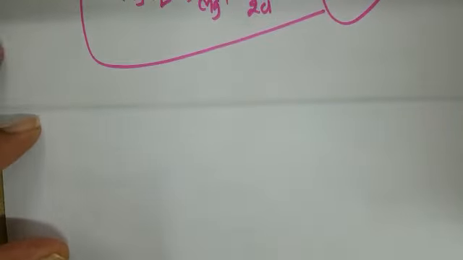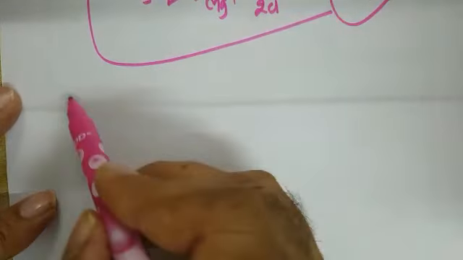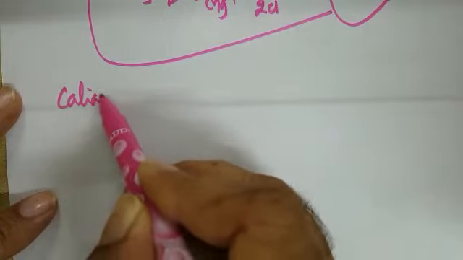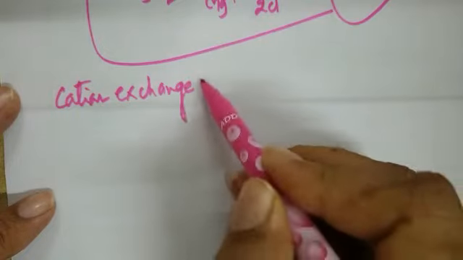In this process we are using resins. First of all, what resins are we going to use for the removal of cations? Cation exchange resins.